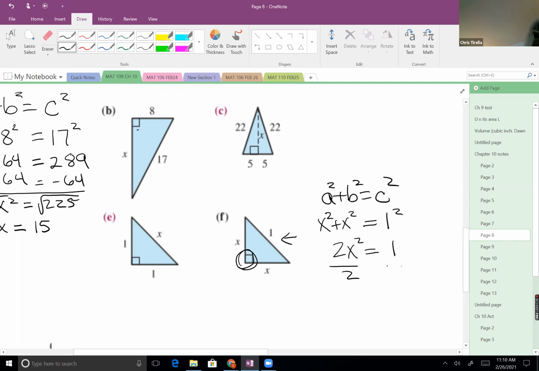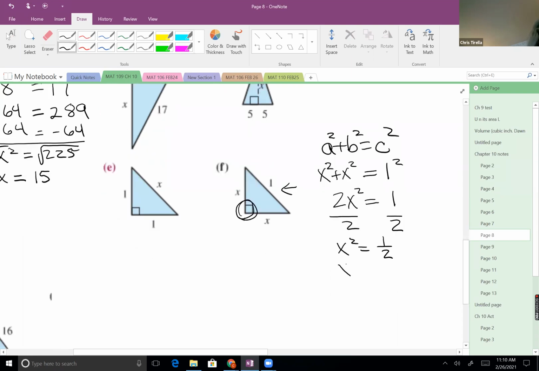So here I'd have to divide by 2. And I get x squared equals a half. And x will be the square root of a half. And at this stage of the game, I would rather you leave it as a square root, because that's not a perfect square, I would rather you leave it like that than change it into a decimal. All right?